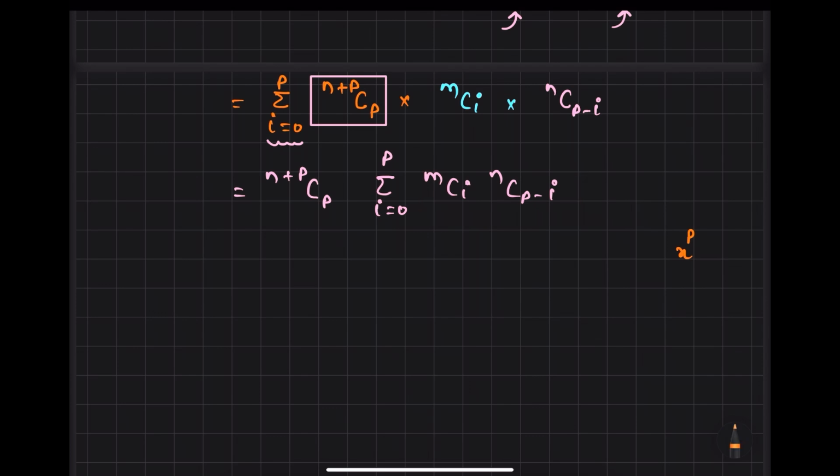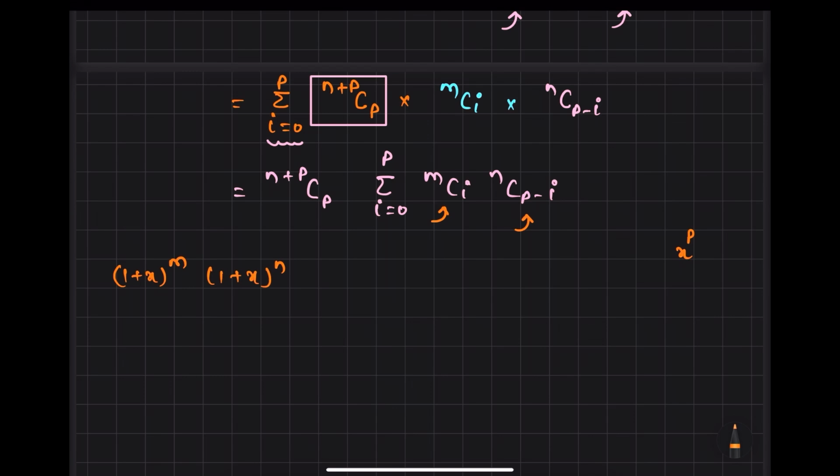Correct? Now, I feel that first we have taken (1 plus x) power m because we want the upper subscript to be m, and then later we want (1 plus x) power n because we want the upper subscript to become n. Right? Now look at this.